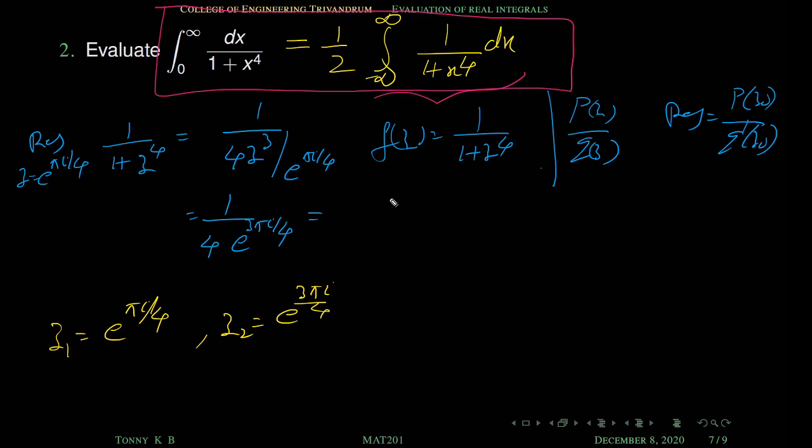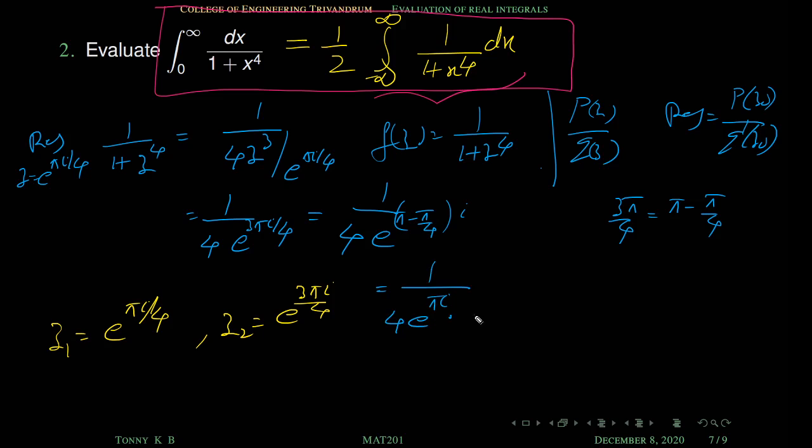Okay, this can be written as 1 by 4 times, and what about 3 pi by 4? We can write 3 pi by 4 as pi minus pi by 4. So this is e raised to pi minus pi by 4 times I. So this is equal to 1 by 4 e raised to pi I times e raised to minus pi by 4 I. And what about e raised to pi I?